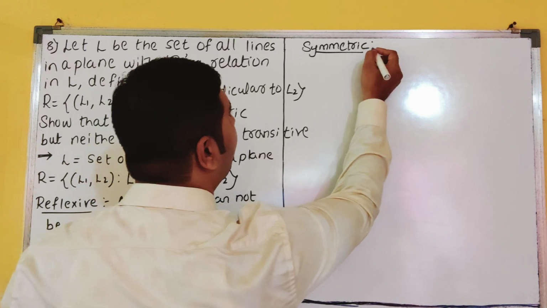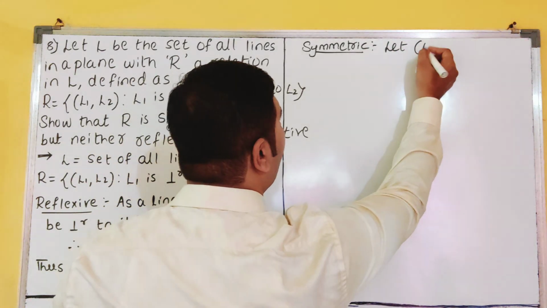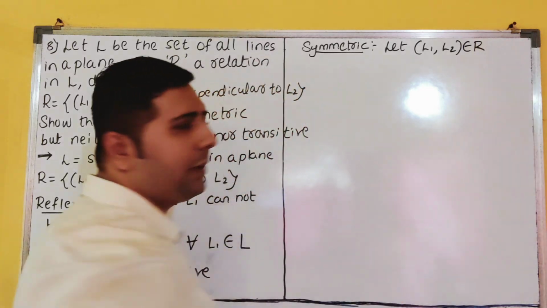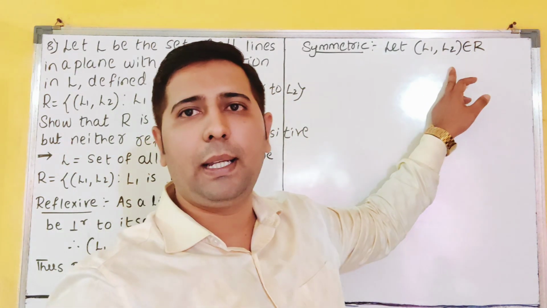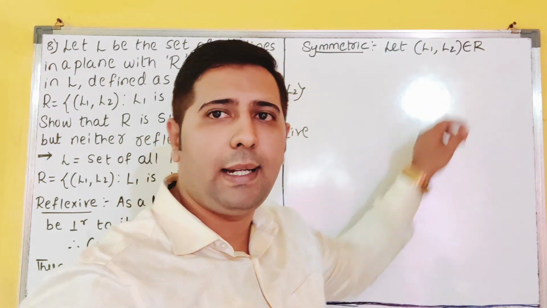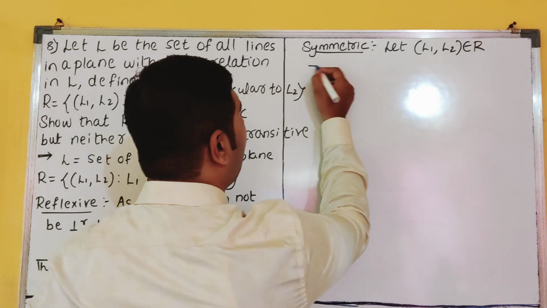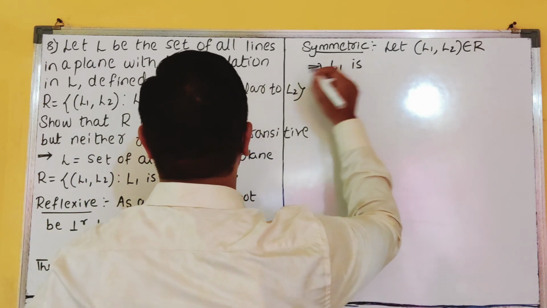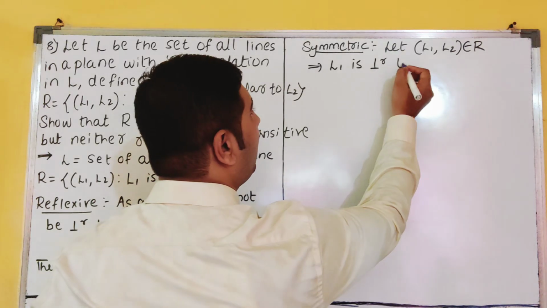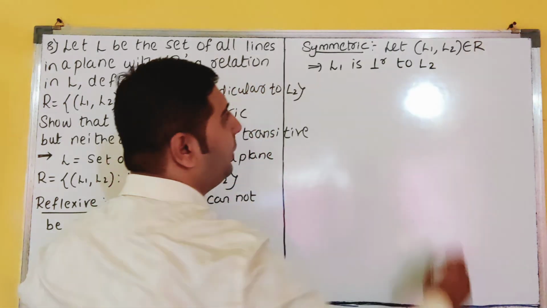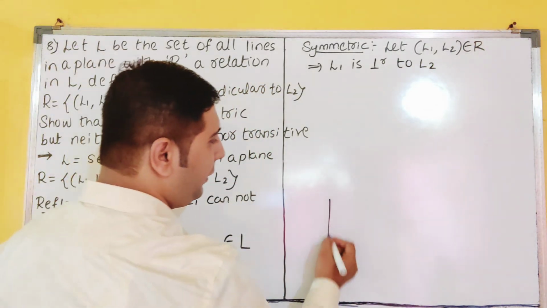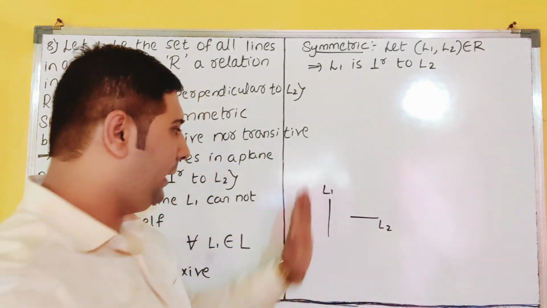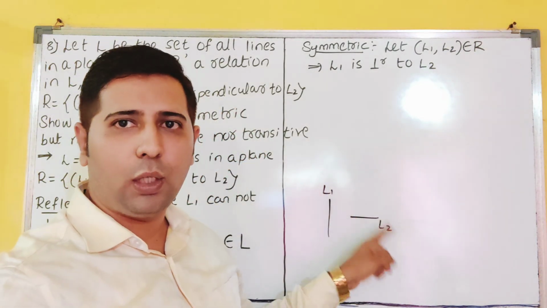You know that. Let (L1, L2) belong to R. What is defined, dear students? This implies L1 is perpendicular to L2. Correct? Suppose you think this is L1 and this is L2. L1 is perpendicular to L2 or not?